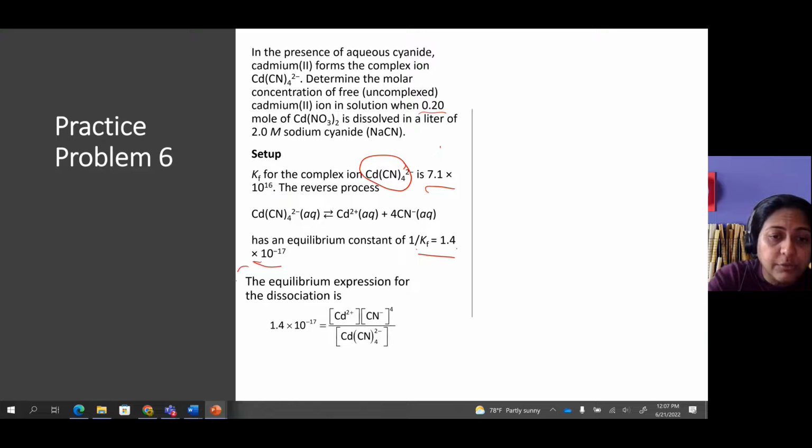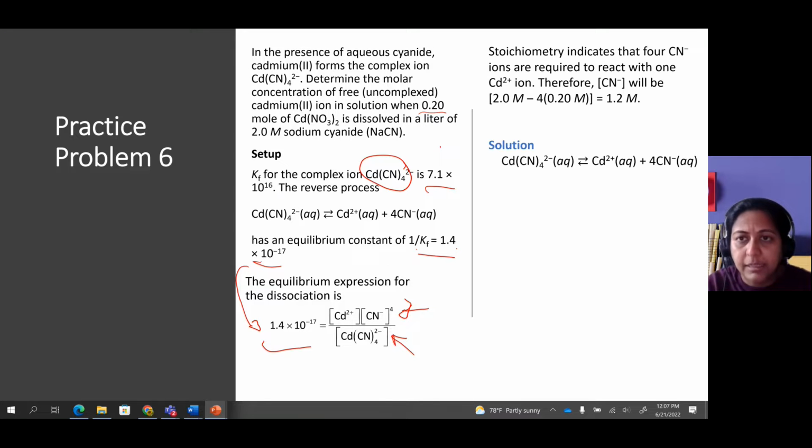That is the equilibrium constant. When we write the equilibrium constant, we write the opposite of the formation constant, so the concentrations of the dissociated ions are in the numerator and the concentration of the complex is in the denominator. That is equal to 1.4 times 10 to the negative 17.